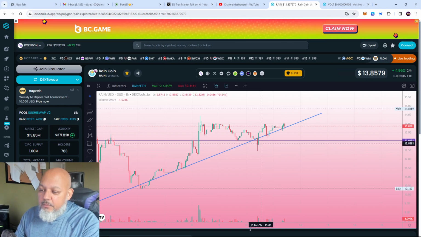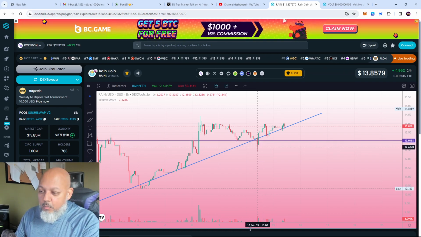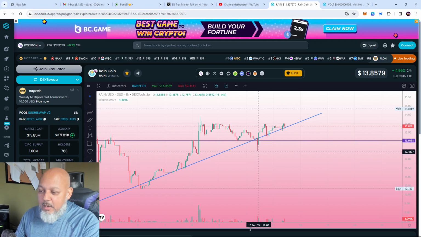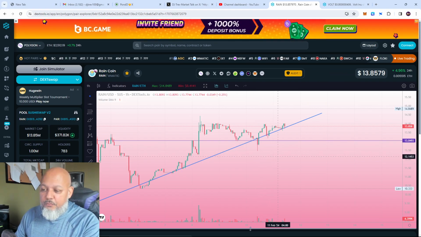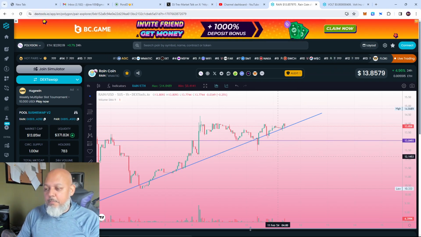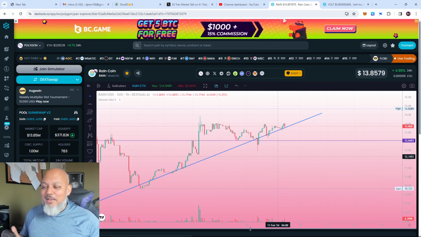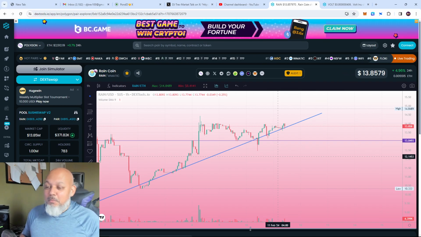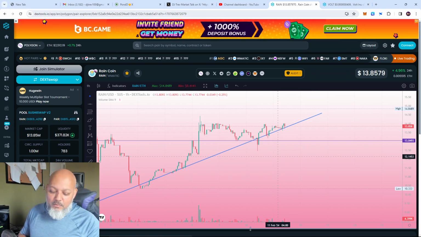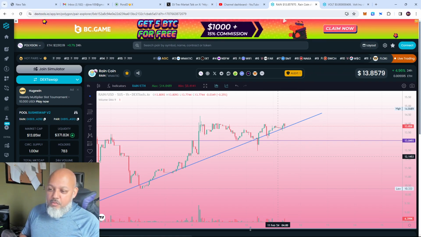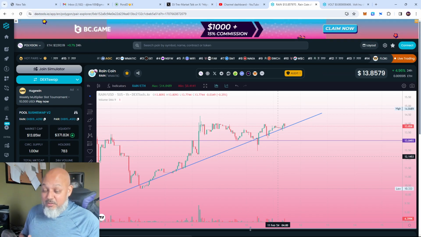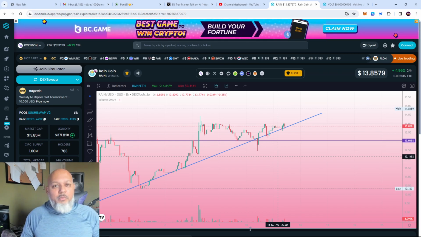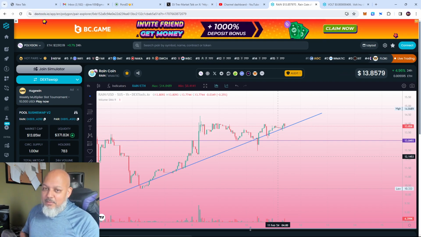Later on in that hour, it continued to go way down. So there was a big sell-off, a wallet or two that sold quite a bit. But there's so little supply, a million supply. And the community, the holders that are into this project are so into this project. When they see a dip, they are packing their bags.